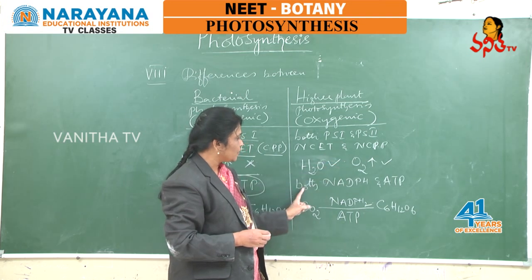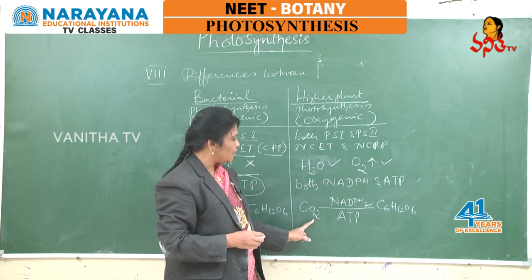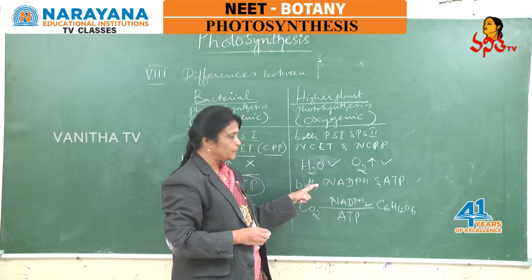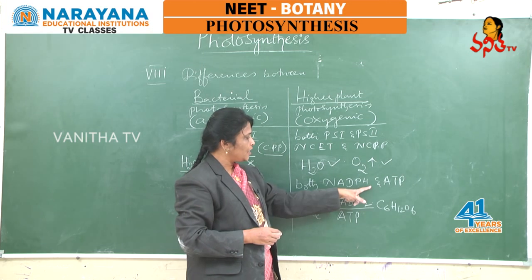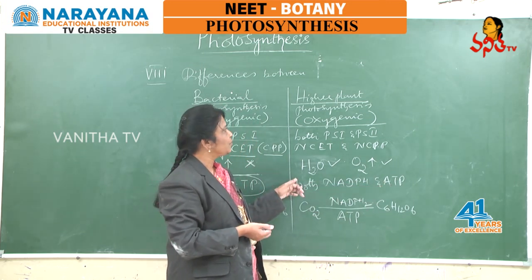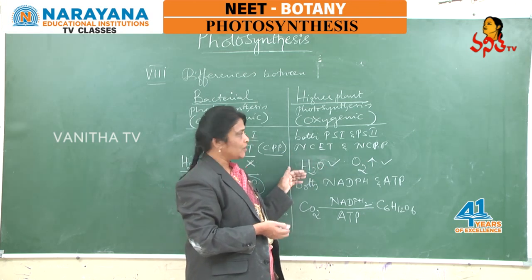And in non-cyclic photophosphorylation we observe that for a pair of electrons 4 ATP molecules are synthesized.